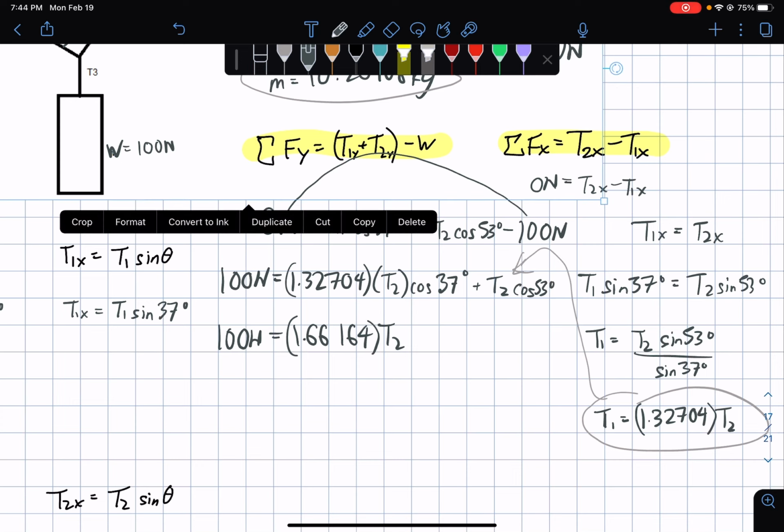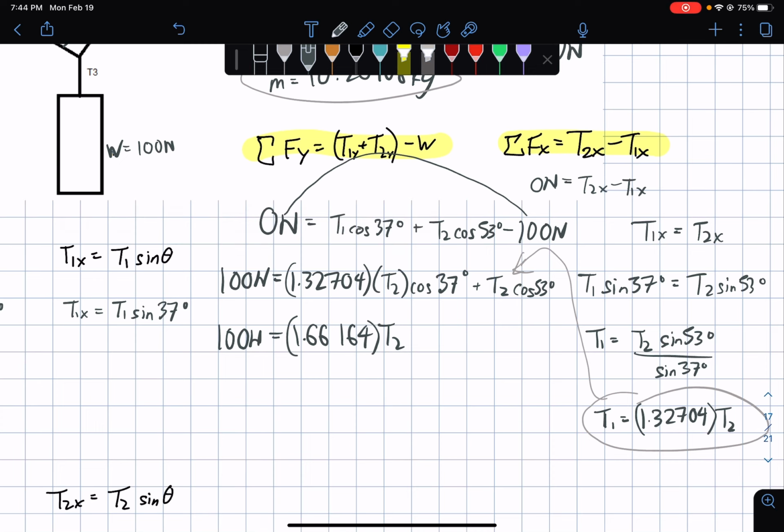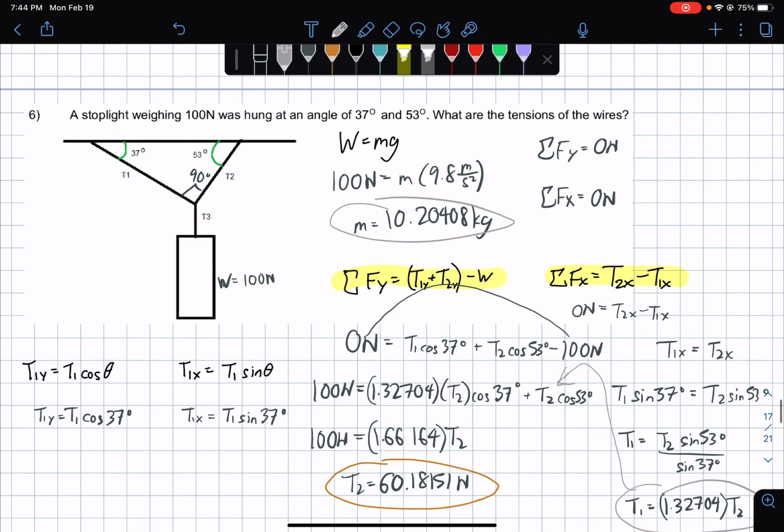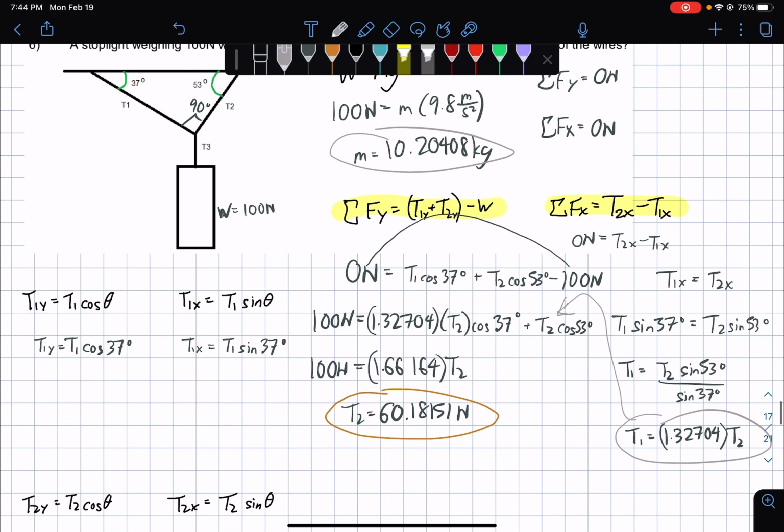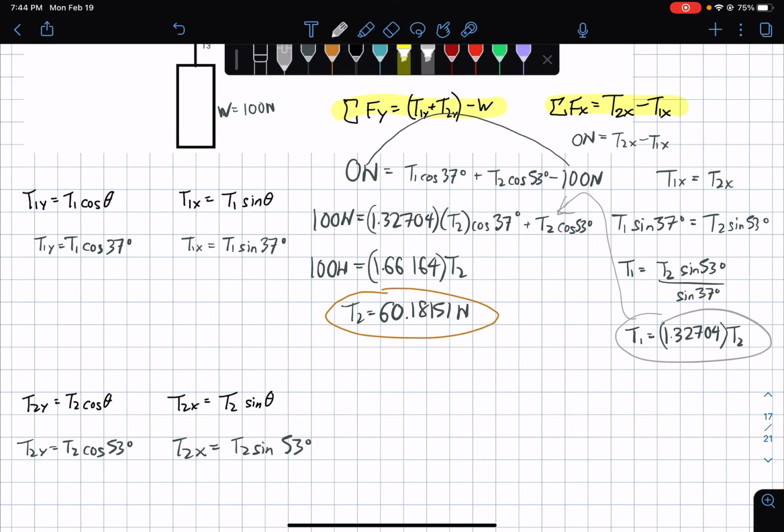So 100 divided by 1.66164 is equal to 60.18151 newtons. So we now know what T2 is.